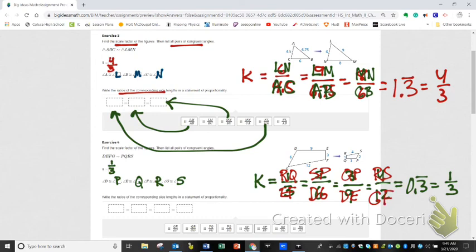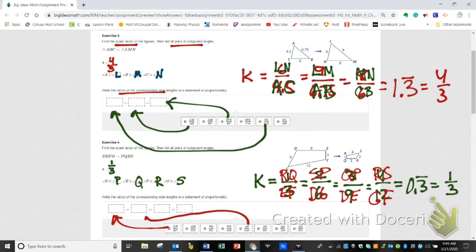So now if we just find those same answers at the bottom of the page, those are the 4 answers to this problem. RQ and EF is here. SP and DG is here.